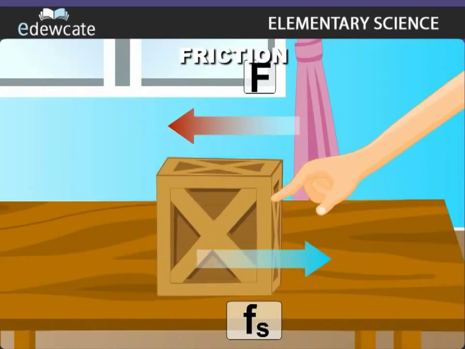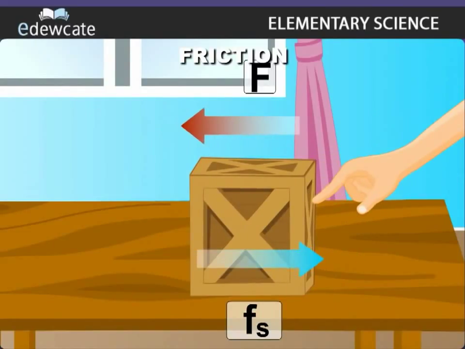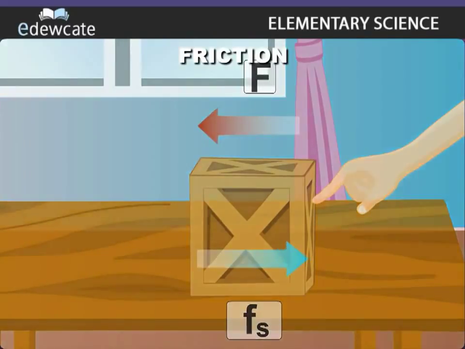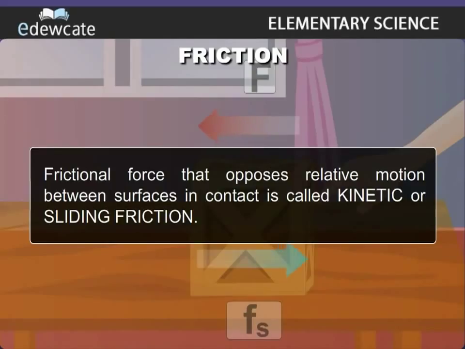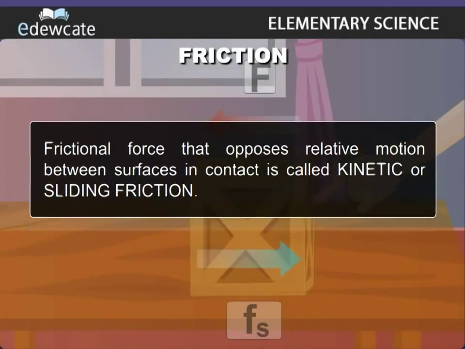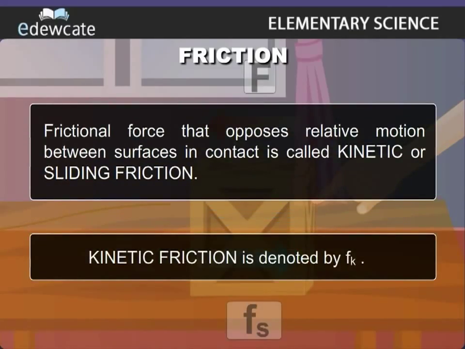It is found experimentally that when relative motion has started, the frictional force decreases from the static maximum value Fs max. Frictional force that opposes relative motion between surfaces in contact is called kinetic or sliding friction and is denoted by Fk.